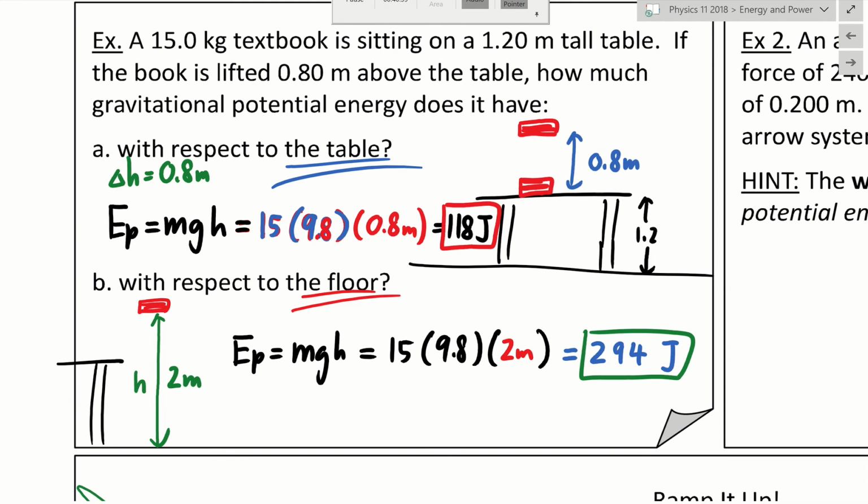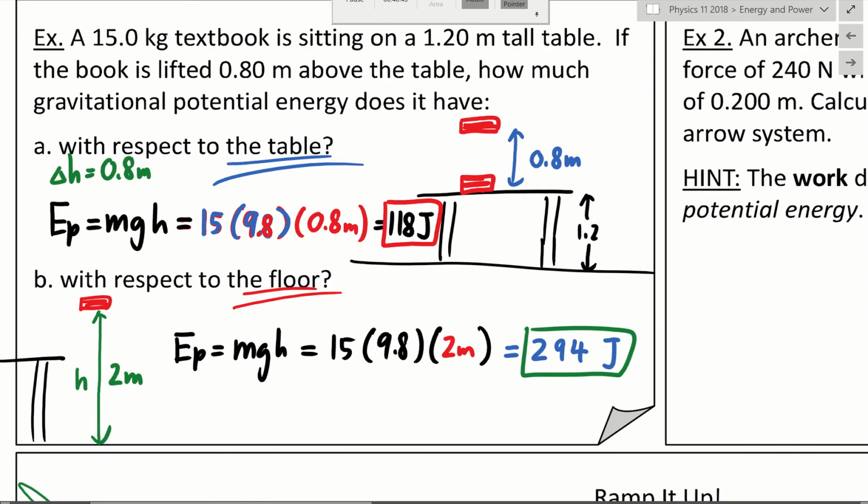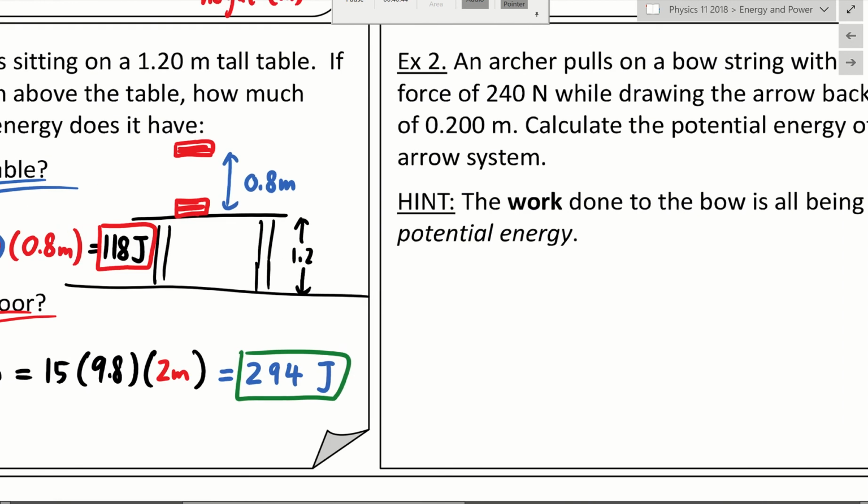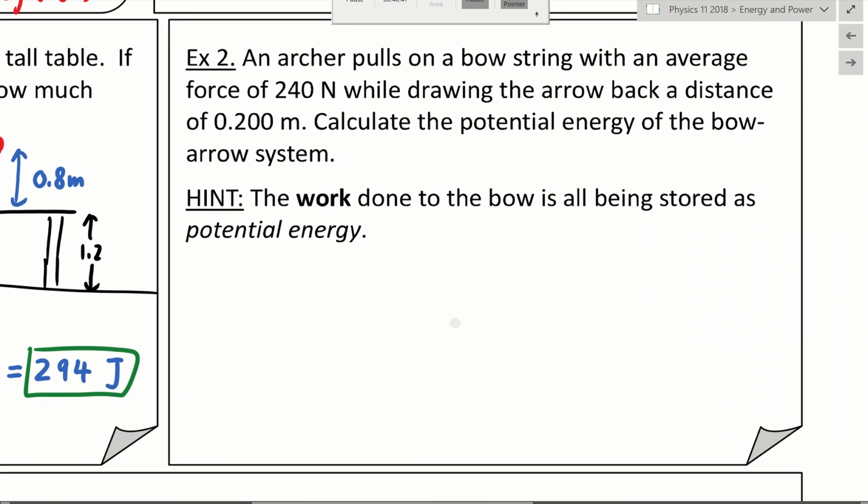So this equation is usually very easy to use. Okay, so final one on the bow. So this one is a potential energy, but not on gravity. So this is the potential energy of a bow and arrow. So you have a bow which has a string, and then you have an arrow which you put on it like this.